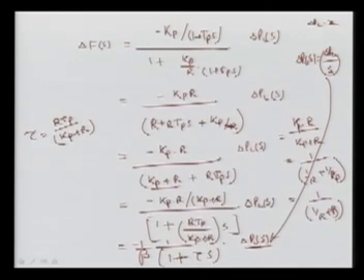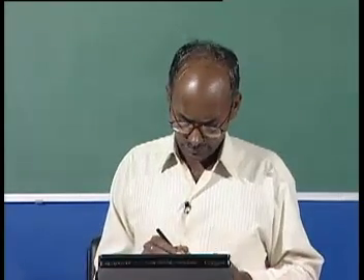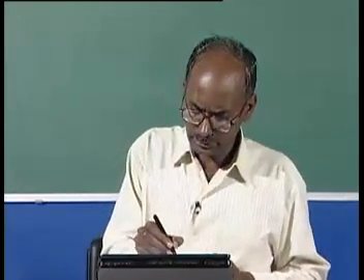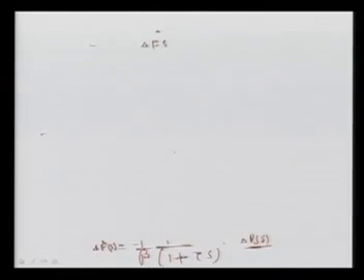So you are going to get here, now I can simply say, minus X upon beta S, here 1 plus tau S, and then we have to solve this. Here what I calculated means change in your frequency in the Laplace domain.